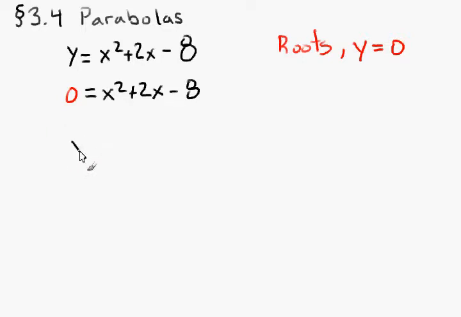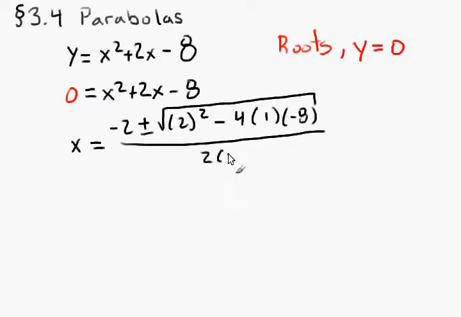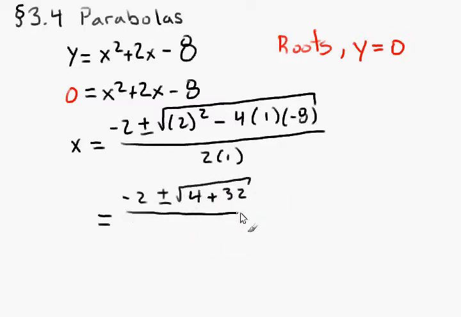We'll put this in the quadratic formula. We'll take the square root, divide by 2 times 1. The result will be minus 2 plus or minus the square root of 4 plus 32, divided by 2.